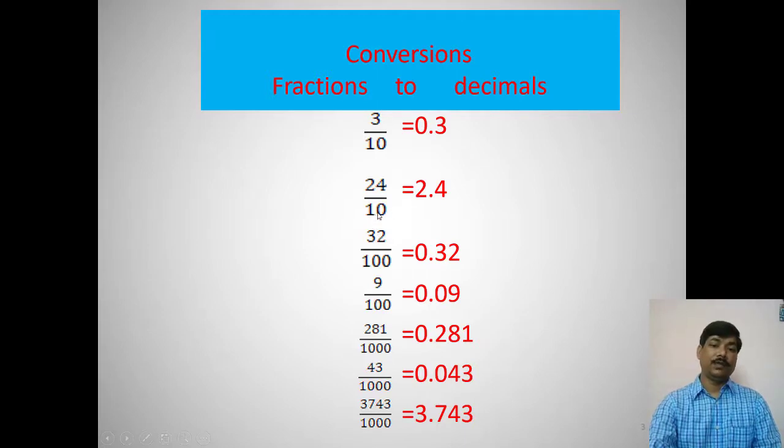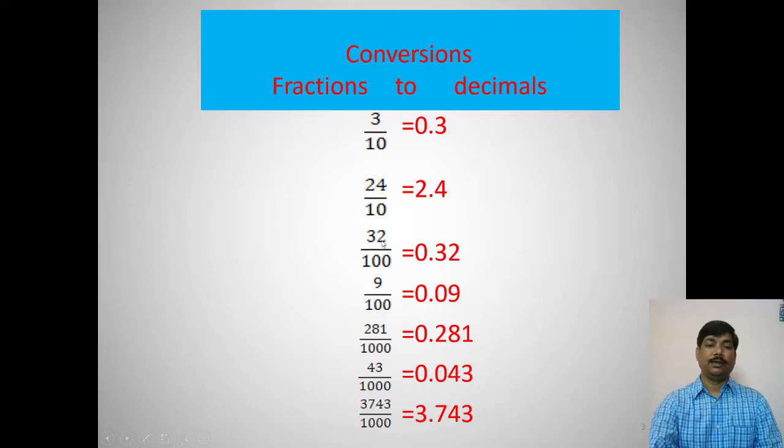Since it is divided by 10, we will divide 24 and write 2.4. We make a point after the first digit from the left. 24 by 10 is 2.4.